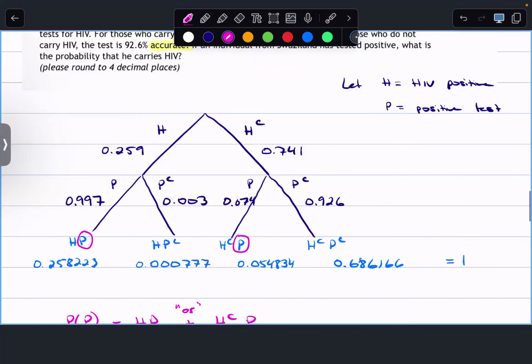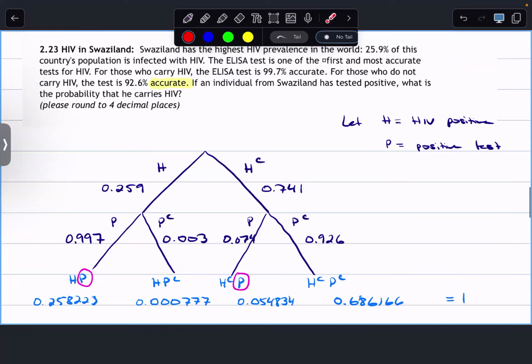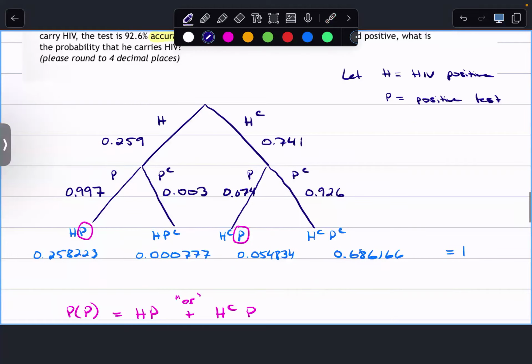And so now we want to know, if someone has tested positive, what's the probability that they do have HIV? Now, what I'm going to do is convert this into a probability statement. For me, that's the easiest way to deal with this beast.